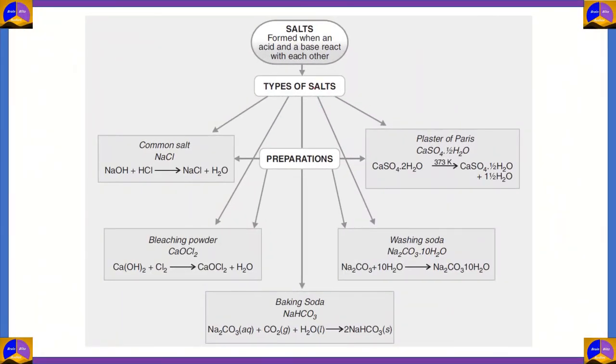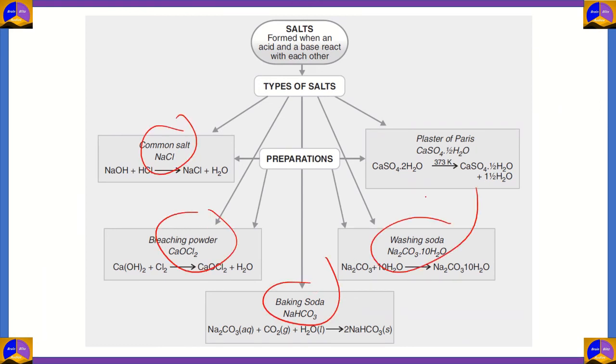And then finally we have the types of salts. Common salt, again discussed. Bleaching powder discussed. Baking soda was discussed in the mind map. Washing soda and plaster of Paris. So here you have another reaction for plaster of Paris. This is basically the dehydration of gypsum in order to form calcium sulfate hemihydrate.